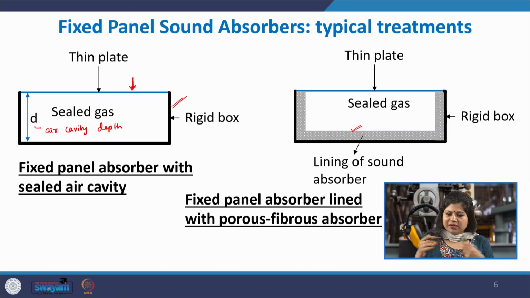So, the general practice for noise control engineers has become that when you make these fixed panels, you have a panel and then a rigid box with sealed air, but with some absorber lining as well to further enhance the absorption characteristics.